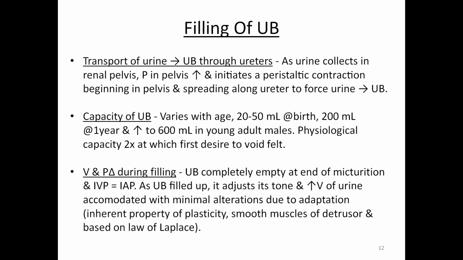This is possible because of the phenomenon of adaptation. This is an important term that you all should know. Why does this adaptation occur? Because of the inherent property of plasticity, then the smooth muscles of the detrusor, and the law of Laplace. These three factors are responsible for the phenomenon of adaptation.